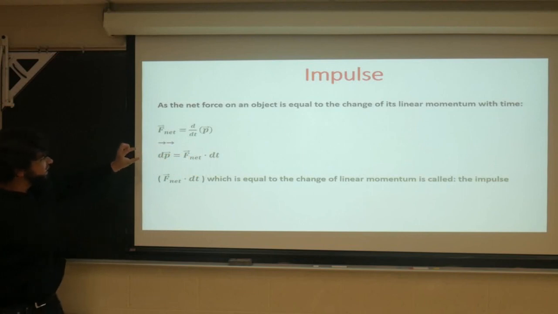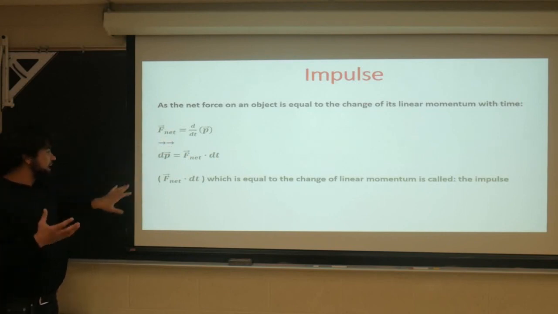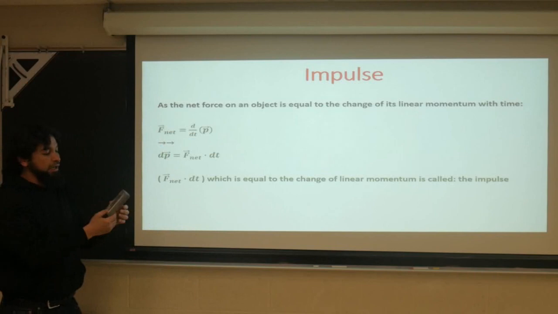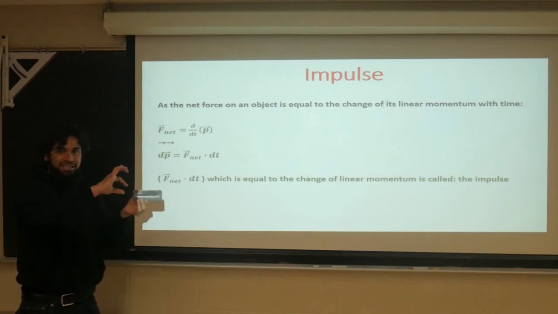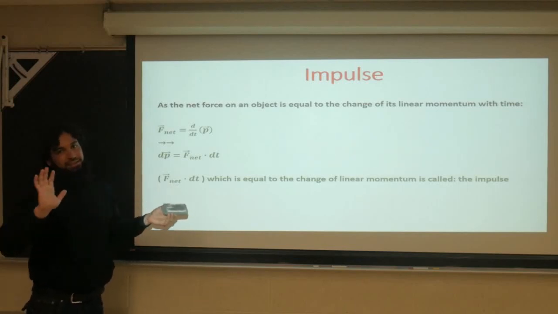This dt is the time this force affects the system to change its kinetic status. For example, I give a force to this chalkboard eraser. During the time I am giving the force, this is the time delta t. When I leave it, I am not giving force anymore, and delta t is over.